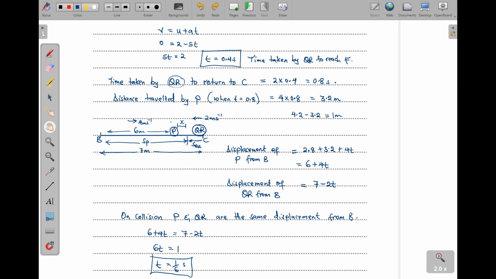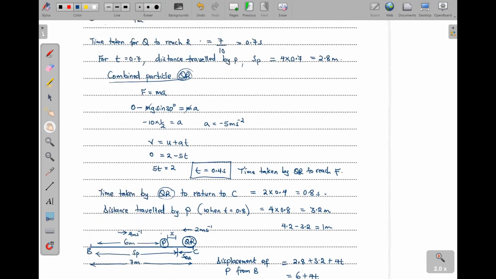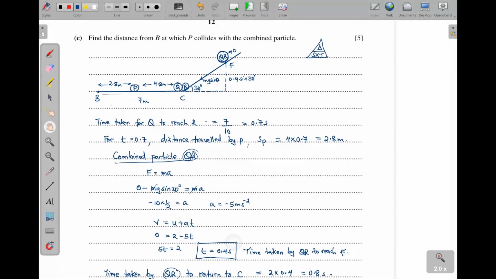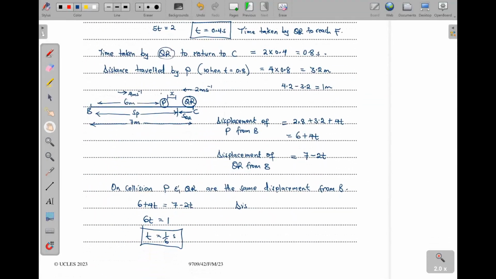So from there, we can substitute in any of them. The displacement, is that what they asked? The distance from B at which P collides with the combined particle. So the distance from B is going to be, we can substitute in this one here or this one here, whichever you want. So 6 plus 4 times 1 over 6.